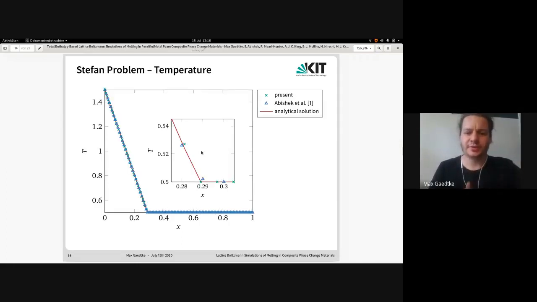For the temperature, it looks quite the same. We hit the analytical solution as well as some high-resolution finite volume method solution here quite well, if not a little better, actually, than the finite volume method.